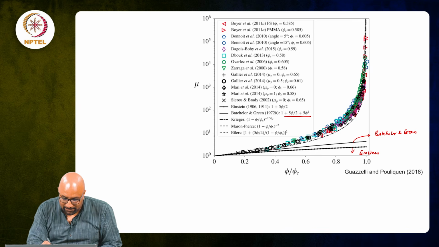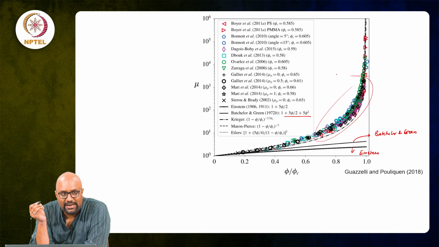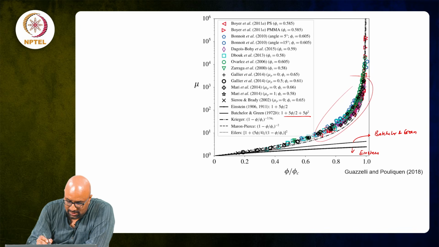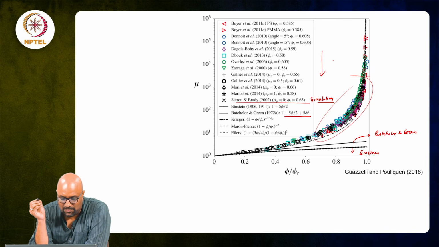So, that is that line. And then you have this whole set of experimental and simulation data. So, the Sierou and Brady, this is a many body simulation. You have a whole set of experiments that are present here.